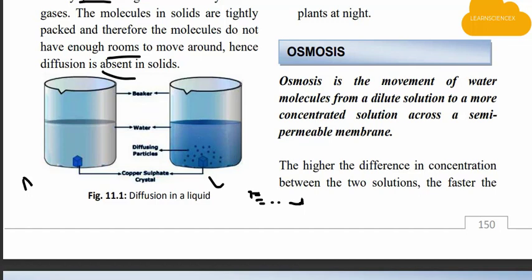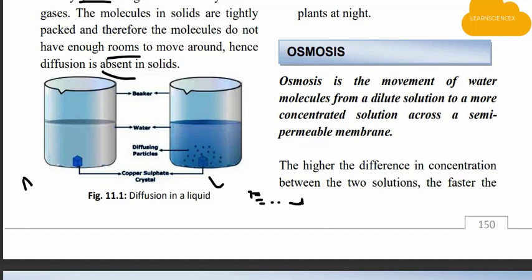Now after a couple of minutes, we will see that the copper sulfate crystals start to diffuse throughout the whole water, until all of the copper sulfate has diffused. That is when all the molecules are evenly distributed. So this is an experiment to demonstrate diffusion.